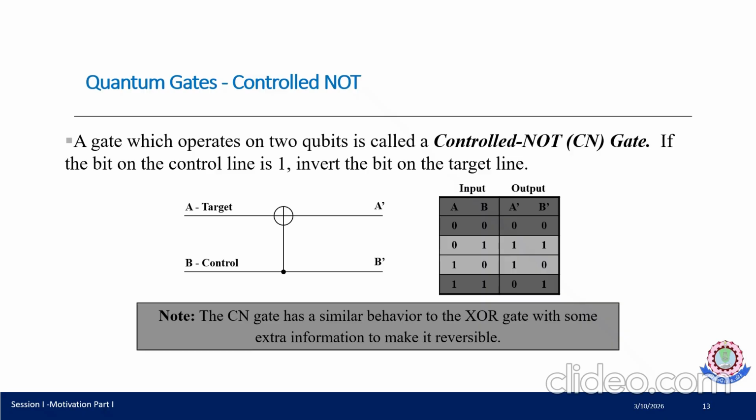This CN gate has a similar behavior to the XOR gate, exclusive OR, with some extra information to make it reversible. Target and control lines are different. The truth table is depicted in the PPT. So 00 is 00, 01 is 01, 10 is 11, 11 is 10.